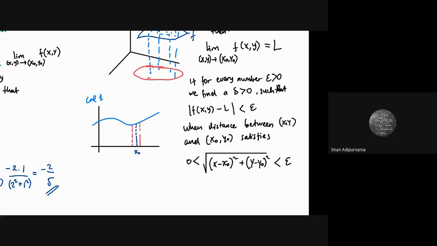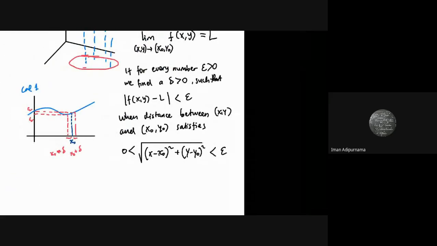So this will be the gap delta, x0 minus delta, x0 plus delta. And you have epsilon here. I hope you still remember all of this.